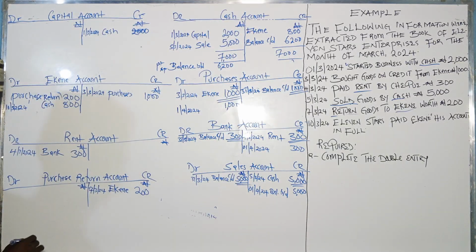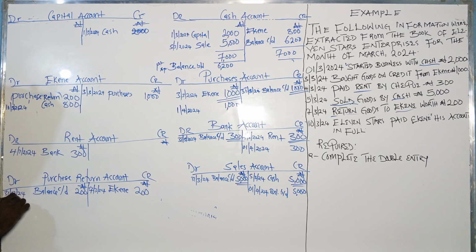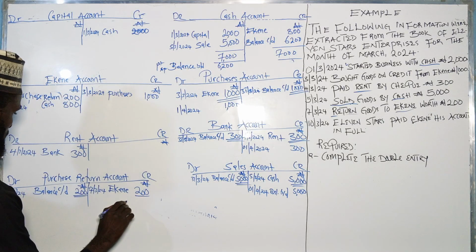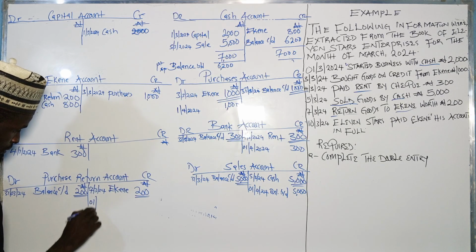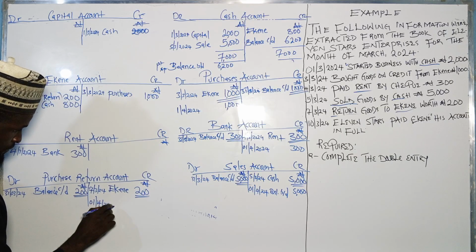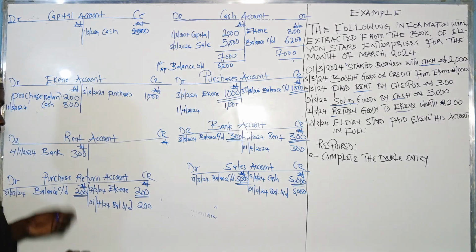Then this one, you are going to close the account, 200 naira as your balance CD on 31st March 2024. Close it. Then you bring it here as your balance BD on 1st April, 200 naira. You're done with this one.